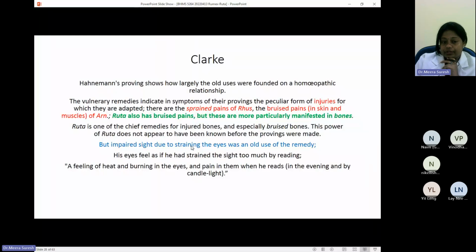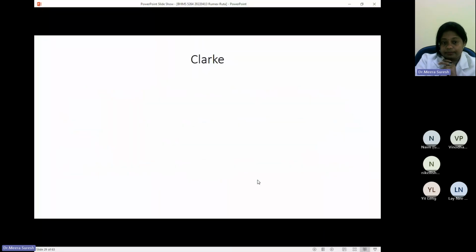But this eye straining and impaired sight was also an old use of the remedy. Then it is the same thing: feel of heat and burning in the eyes, pain in them when he reads, especially in the evening by candlelight or very dim light.